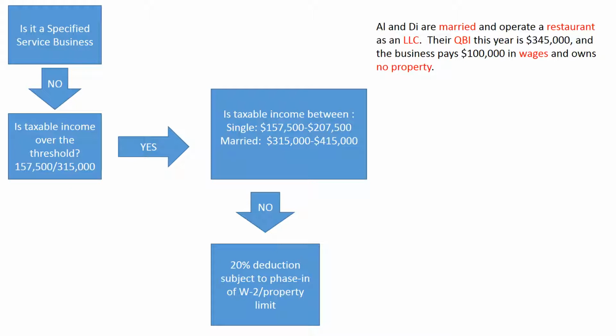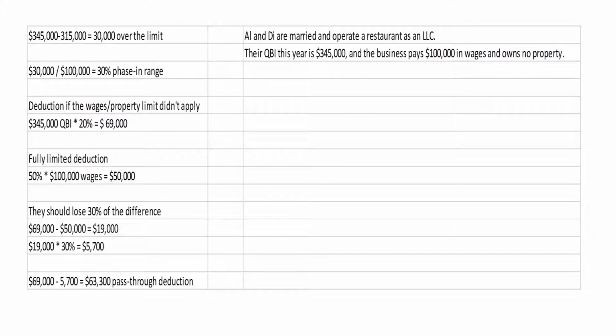So for example, L and I are married and operate a restaurant as an LLC. Their QBI this year is $345,000 and the business pays $100,000 in wages and owns no property. Okay, so in this calculation, their phase-in percentage is 30% because their $345,000 QBI is $30,000 over the $315,000 limit.